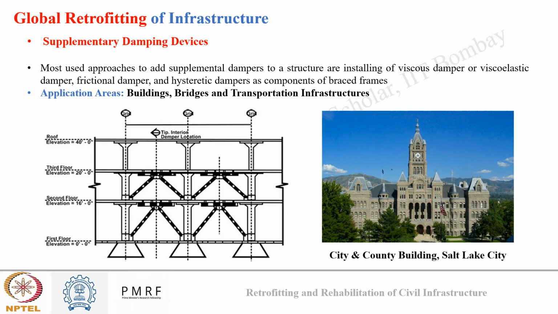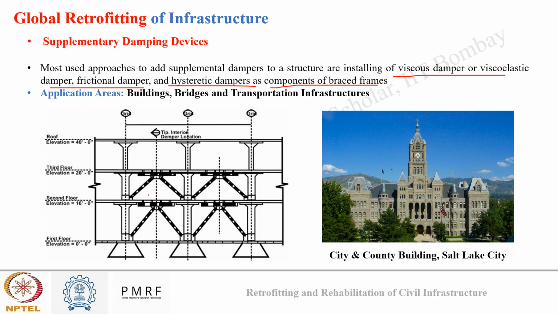Now, another method for global retrofitting is the use of supplementary damping devices. Okay. So the most used approaches to add supplementary dampers to a structure are installation of viscous dampers or viscoelastic dampers or frictional dampers or hysteretic dampers as a component of a brace frame.